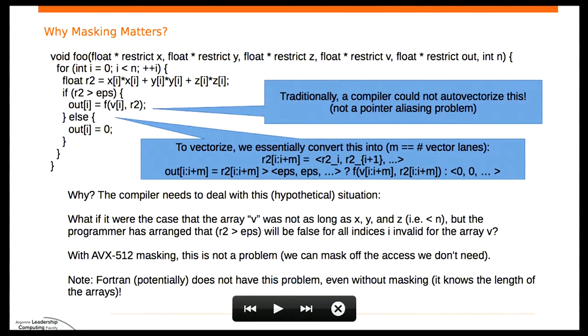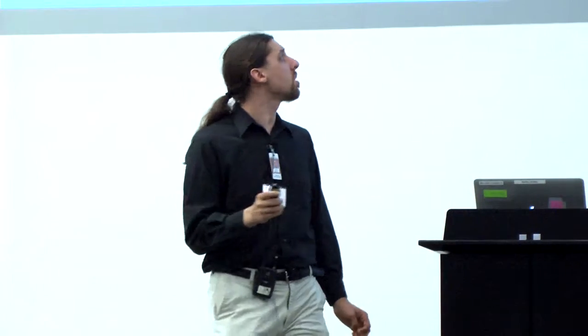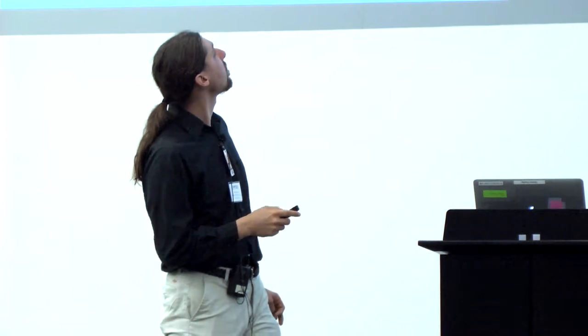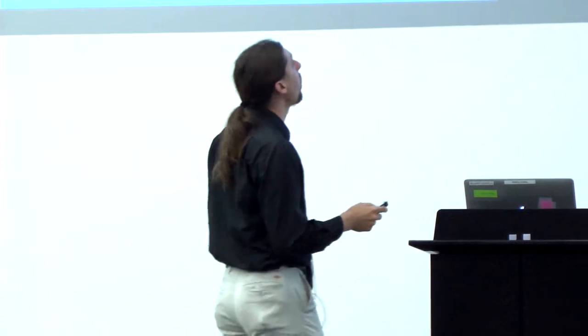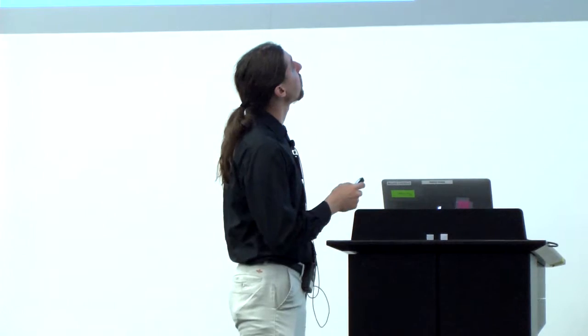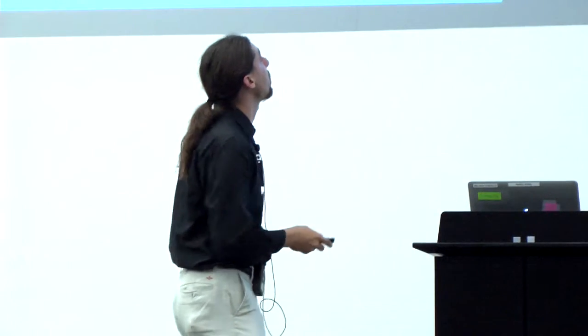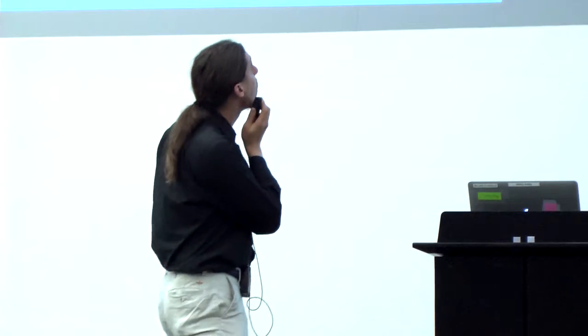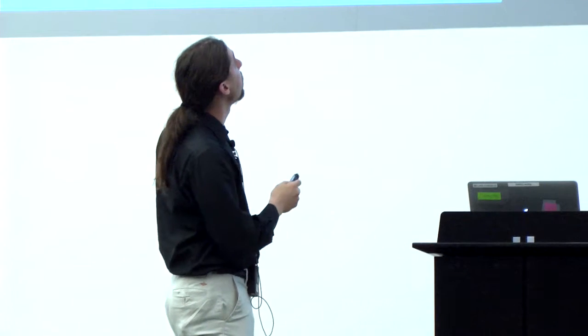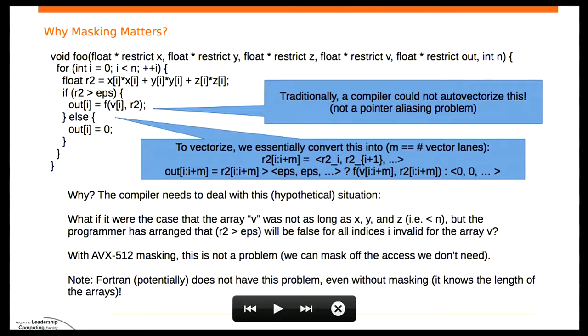And as far as this goes, I want to provide a simple example and talk about why this masking matters so much and where we stand. So here's a prototypical loop that I work with a lot in particle-based science applications.